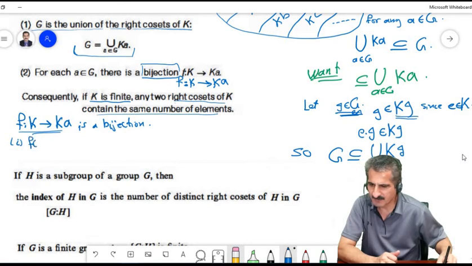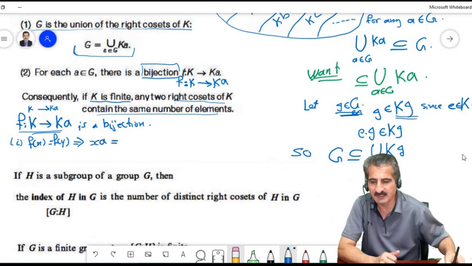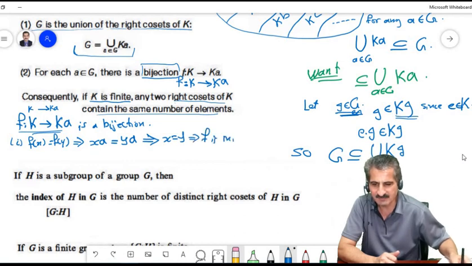Now if f of x equals f of y, the map takes an element of K and multiplies it by a. That means f of x is xa and f of y is ya. Now we are in a group, so we can do cancellation, and then we get x equals y, and that gives that f is injective.